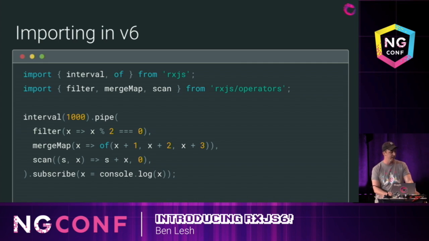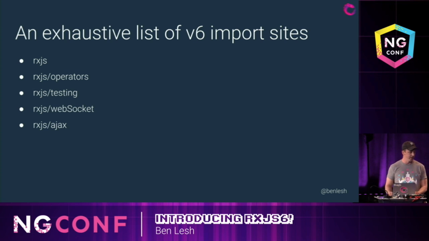In RxJS version 6, there are roughly two that you'll care about as an Angular developer. You'll import everything that is a type or a scheduler or a helper from rxjs, and all of the operators get imported from rxjs/operators, and that's it. So here's the complete list of all the possible import sites.